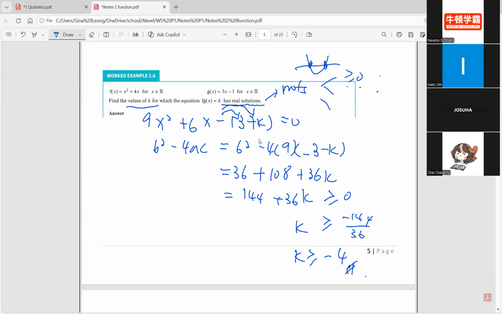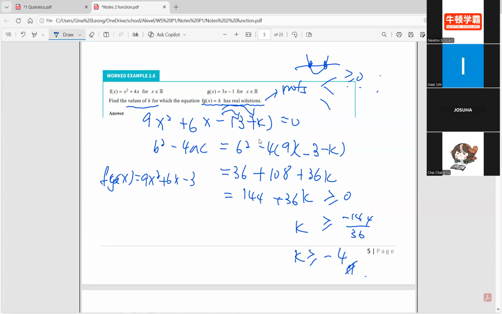I think you look at here, this one. You are missing your k. Why k no more? Because he said that fg equal to k. You already get your fg actually. Your fg is 9x squared plus 6x minus 3.